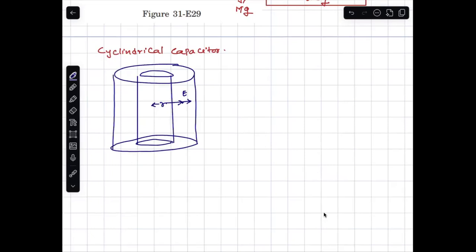So if you imagine the total charge per unit surface area on this is sigma, then E into 2 pi r L is 1 by epsilon naught, sigma, charge enclosed.